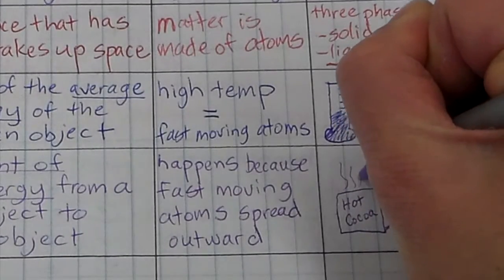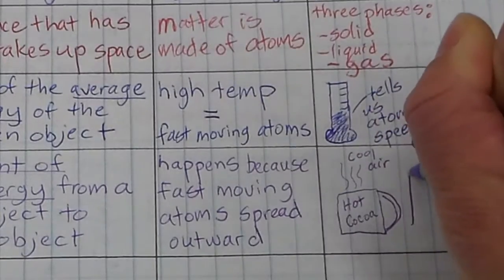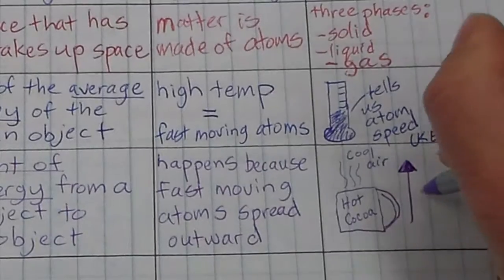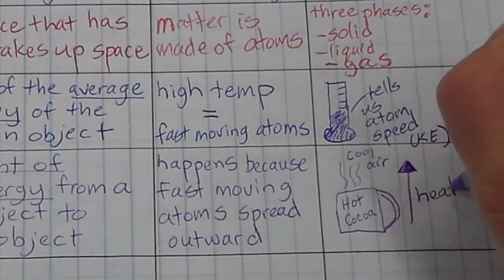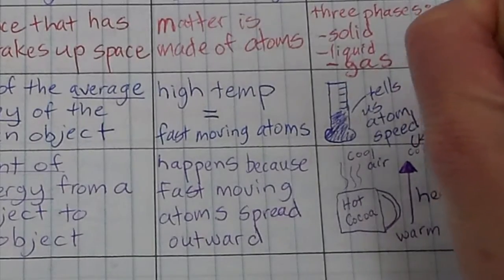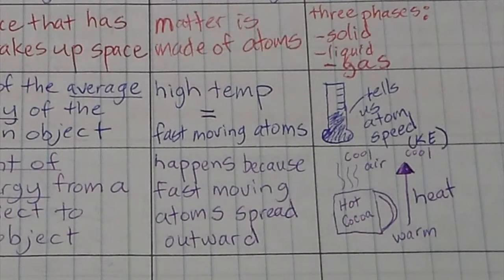And we're going to get steam that rises up into the cool air. So this movement out of the hot chocolate into the air is heat, right? Because we're going from a place that's warm to a place that is cool. So that whole thing of the steam rising, that is heat, because it's the movement of thermal energy from a warmer object to a cooler object.